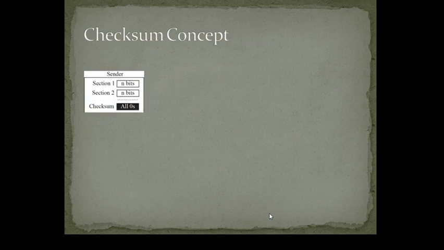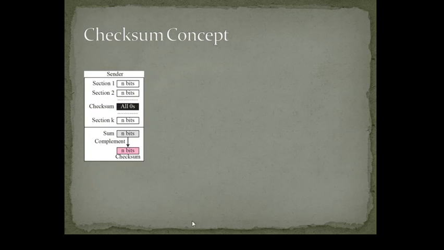So what actually happens at the sender side? In the header we have different fields, right? So we divide into n-bit fields. Our checksum is of 16 bits, so we divide the packet into 16-bit fields: first 16 bits, next 16 bits, and so on.